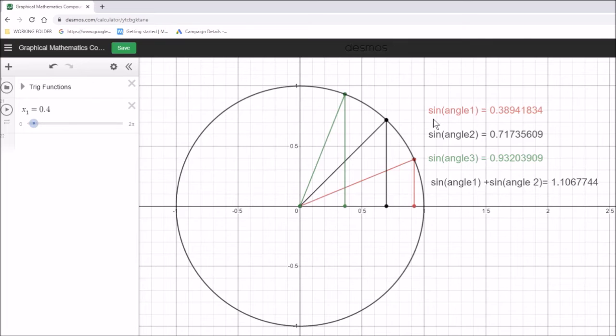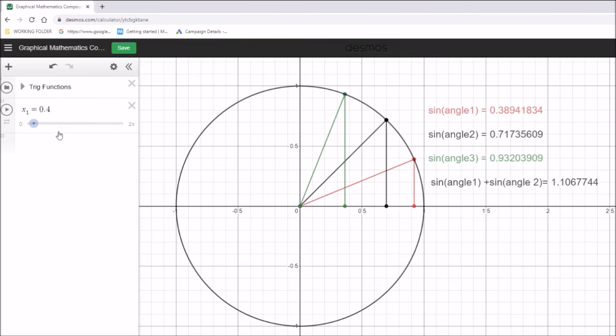So if we were to look at the sine of angle 1 plus the sine of angle 2, that's not going to be the same as the sine of angle 3, because what we would be saying then is that this height here, which is the sine of angle 3, would be equal to this height plus that height, and they're not the same.